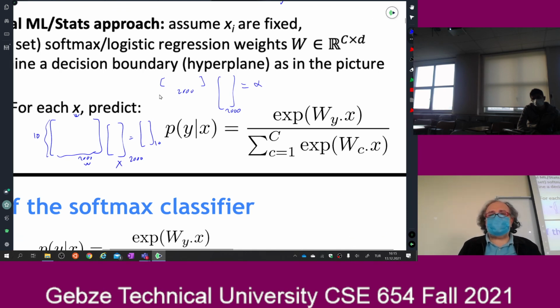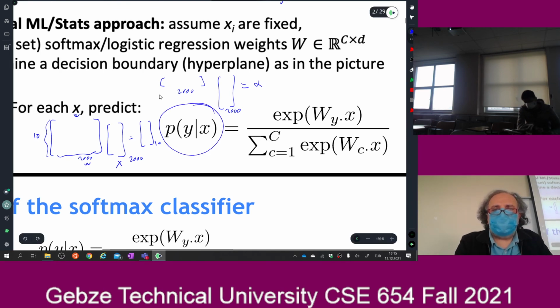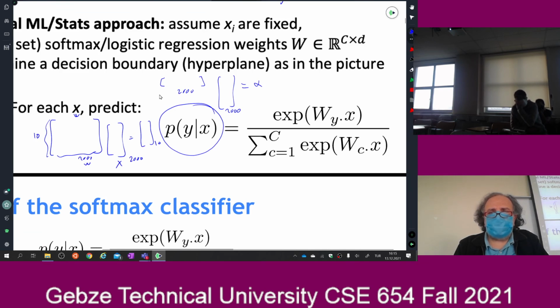Well, probability means that this has to be between 0 and 1, right? Do I satisfy this constraint? Is this going to produce a value between 0 and 1? Do you think? What is x?